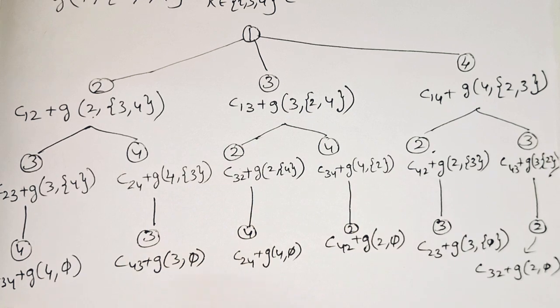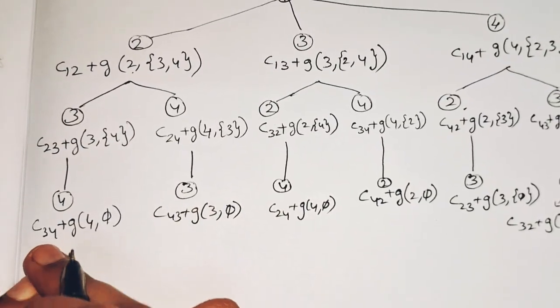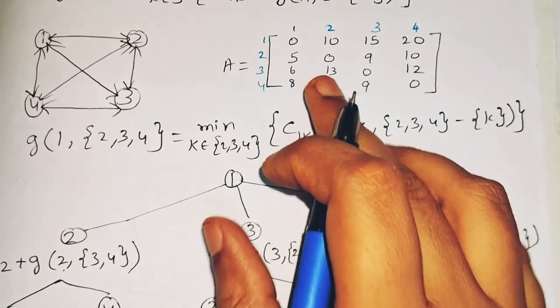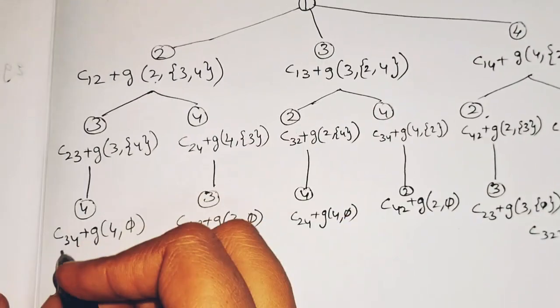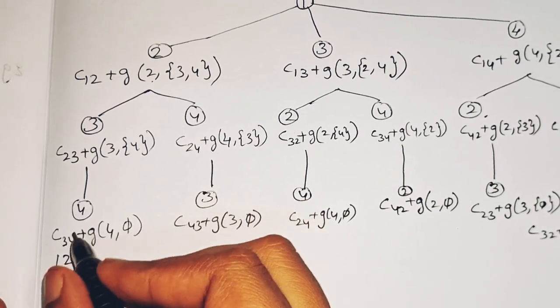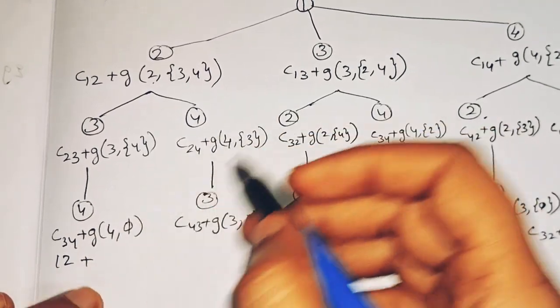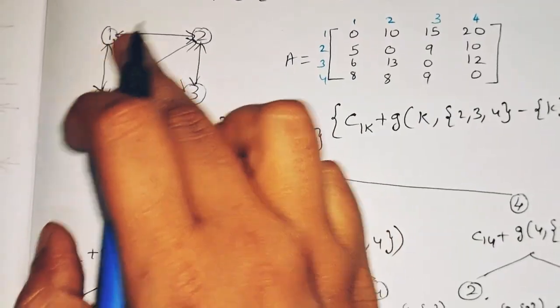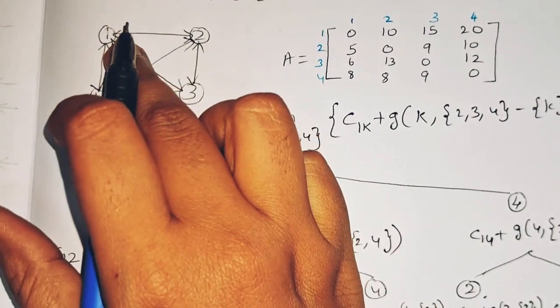problem. So what is the cost of 3 to 4? The cost of 3 to 4 is 12, plus G of 4 to null. Null means that after visiting all the neighboring nodes from 1, we have to reach the source city.